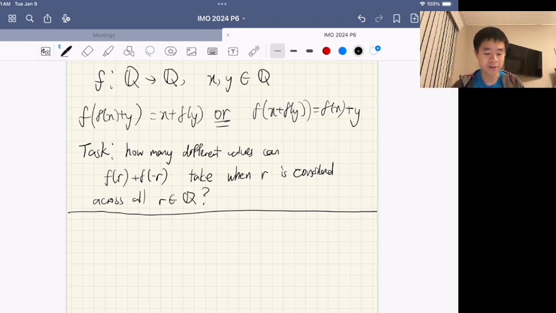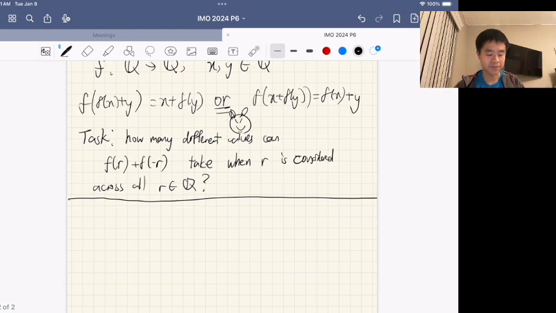So the evil thing about this problem is the or condition over here. So yes, this is basically the devil. Yep, the evil part is here.